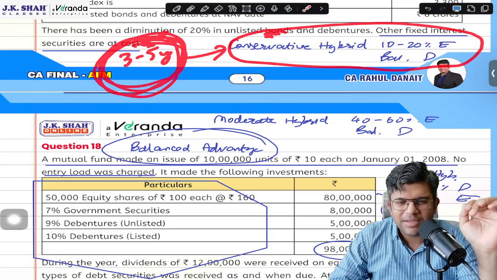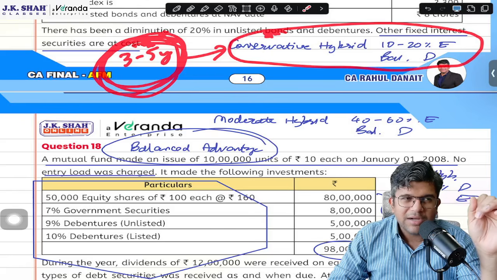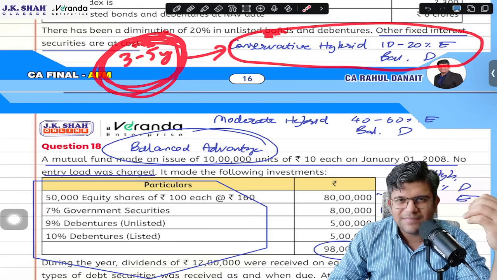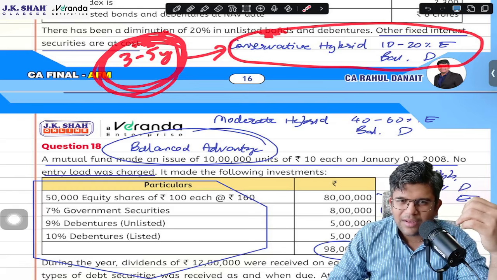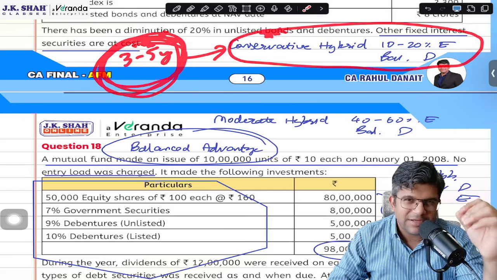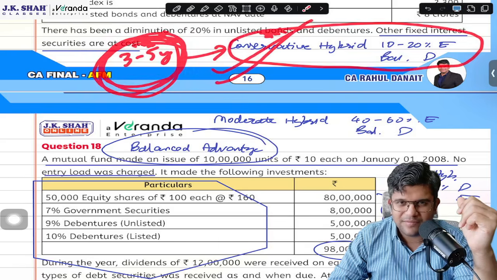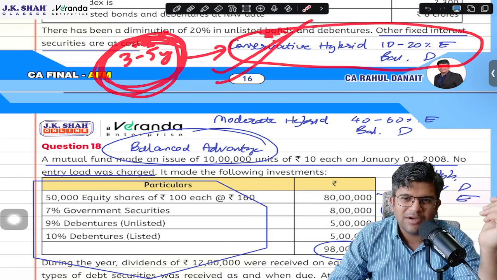I hope you're understanding. It's not as dead as a debt fund, nor is it as dynamic as an equity fund. It gives you safety, but just tickles a little bit of your risk appetite by putting a little bit of money in equity. It gives you good returns, like 8-9%, as compared to 7% of FD.